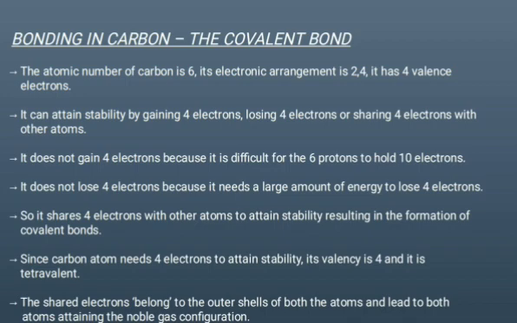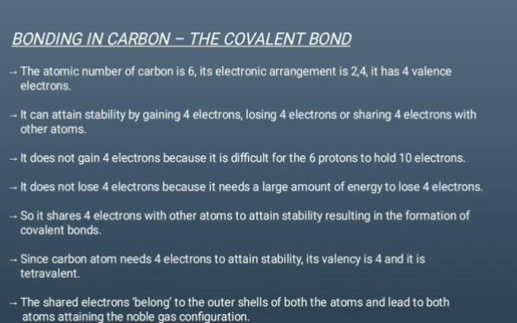The reactivity of elements is explained as their tendency to attain a completely filled outer shell, that is, to attain noble gas configuration. Elements forming ionic compounds achieve this by either gaining or losing electrons from the outer shell. In case of carbon, it has 4 electrons in its outermost shell.